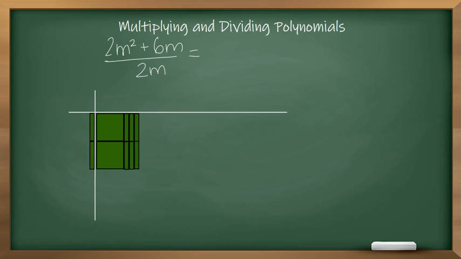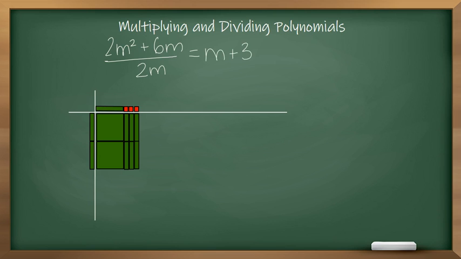So at the top, we know we can put 1m to match up with the m squared side, and then we're going to need ones to fill in the other there. So when we fill in the top side there, we have 1 m tile and 3 ones tiles. So when we divide 2m squared plus 6m by 2m, we get m plus 3.